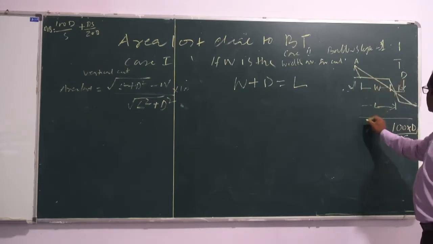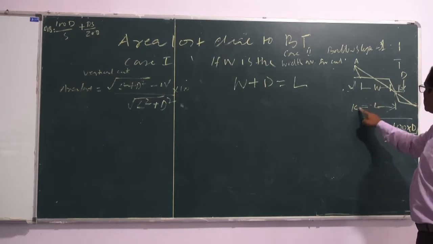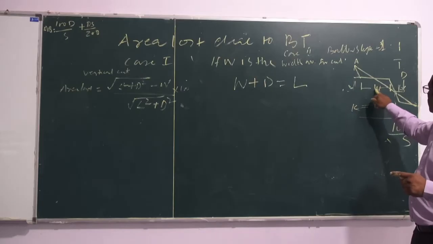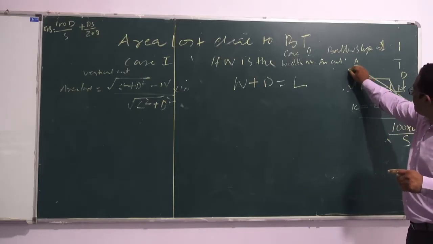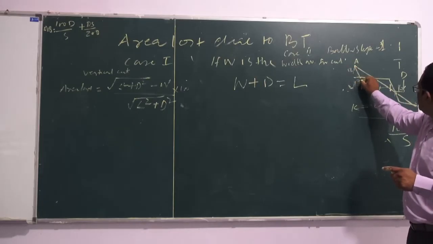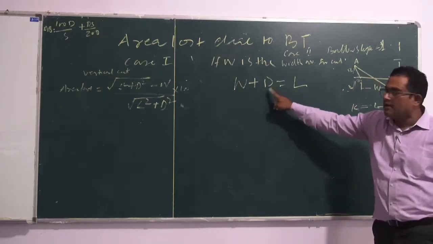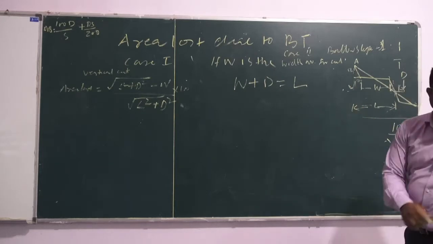So what is this L? L is the horizontal spacing between two successive bunds. So W plus what is this? If it is D by 2, this is also D by 2. Here this is also D by 2. D by 2 plus D by 2 is D is equal to L. Right.